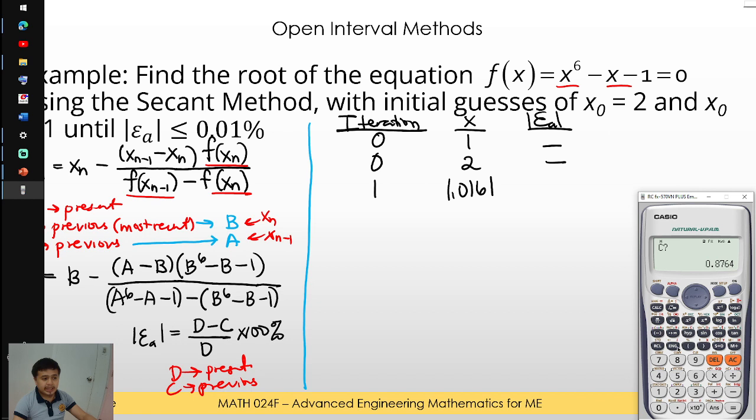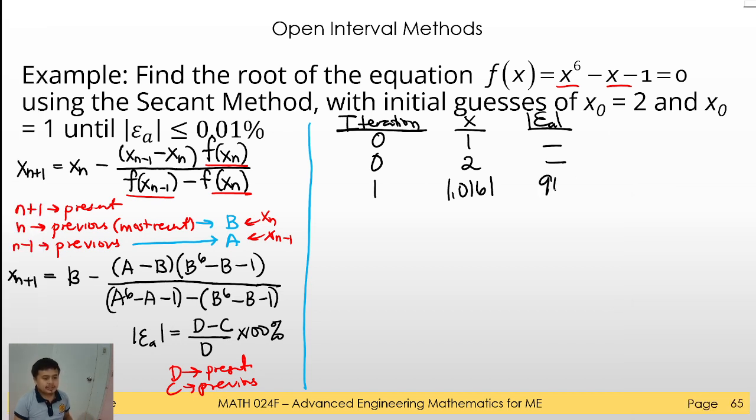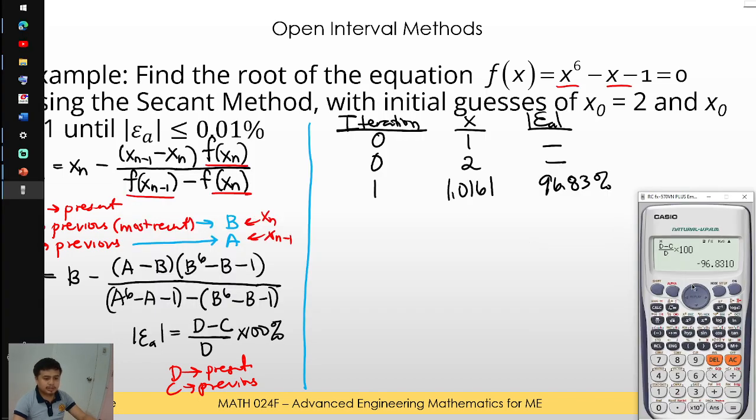It should be 2, the most recent only, so the approximate value will be C. So we have 96.83% for our first approximate error.